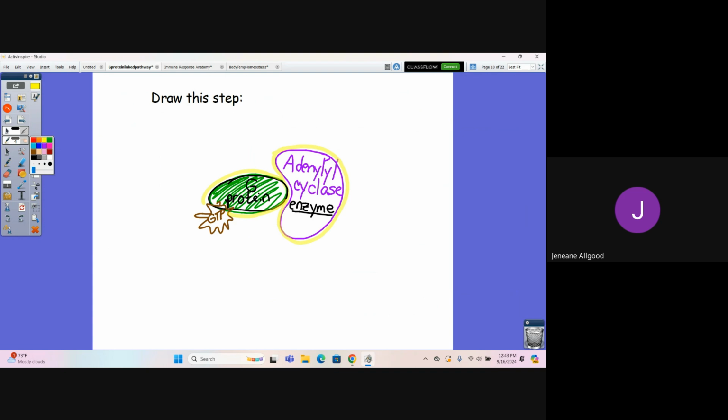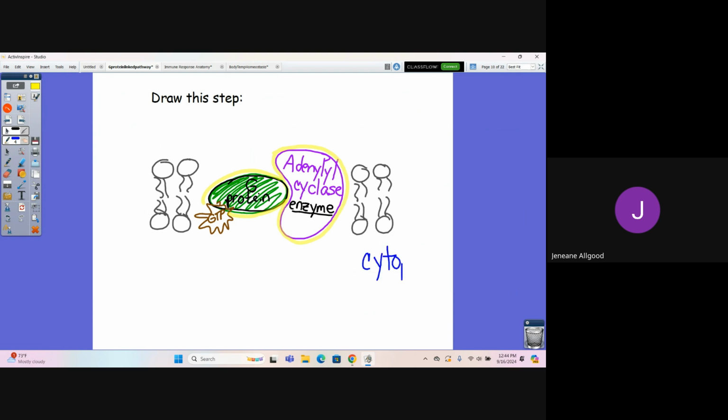So far, this looks like the picture on the last slide, but it's different. All right, so know what we're looking at on each side. This is the cytoplasm down here. And this is the extracellular fluid, the fluid outside the cell up here.